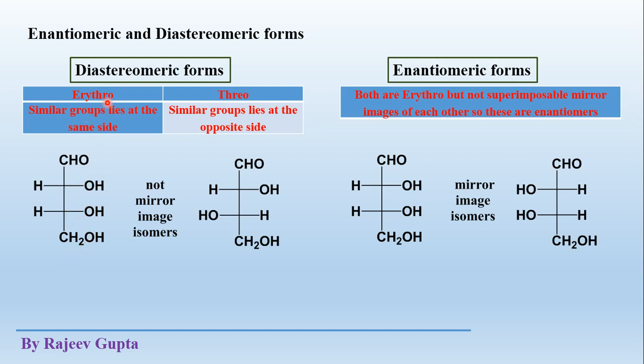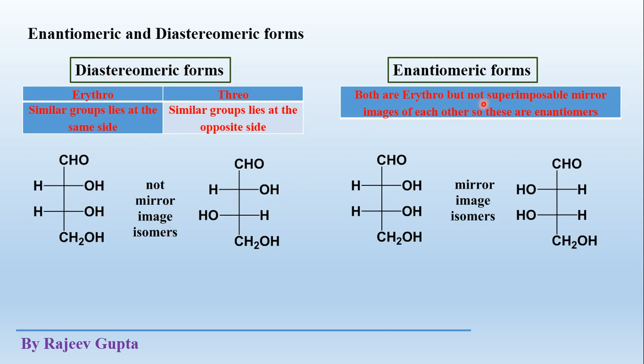So this is the erythro form, where similar groups lie on the same side. In threo forms, these similar groups, the OH groups, lie on opposite sides. So it is the threo form. These two structures are not mirror images, so they have a diastereomeric relation. So these are diastereomeric forms of a molecule.